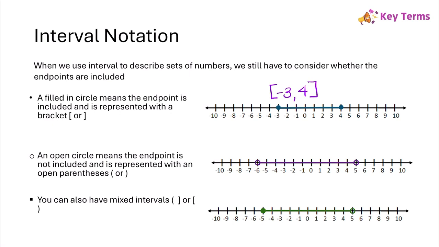In the second example, our interval goes from -6 to 5, but both endpoints are not included, so we're going to use open parentheses. Last example goes from -5 to 5, but the -5 is included, so square bracket there. +5 is not included, so open parentheses there.